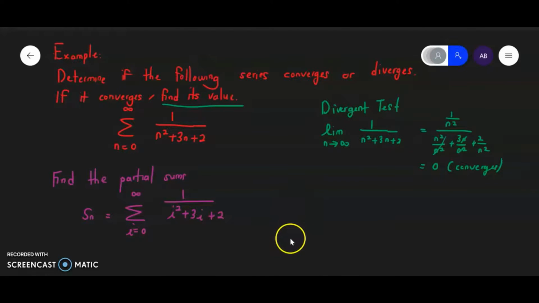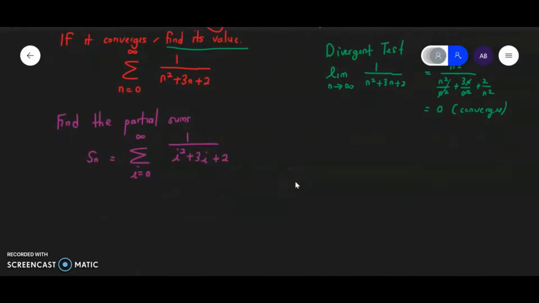Again, this looks like a partial fraction, right? We need to simplify this by partial fraction. So I have 1 over i squared plus 3i plus 2. I think I can factor it out. That will be (i plus 2)(i plus 1).